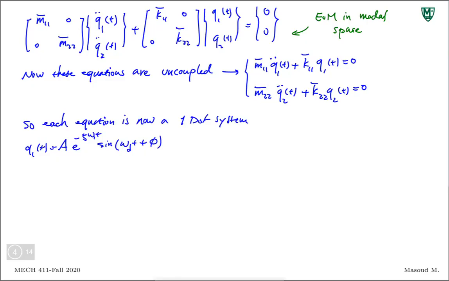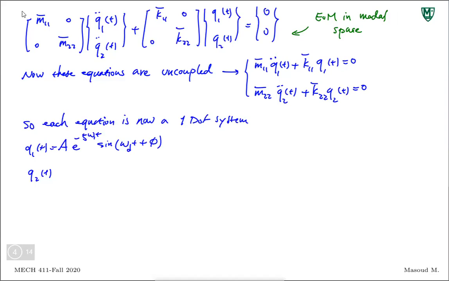I have to double check the way we were actually solving this. I'm not sure if we're putting plus or minus. Actually, I can check it based on what I have. Oh, actually, we don't have damping.